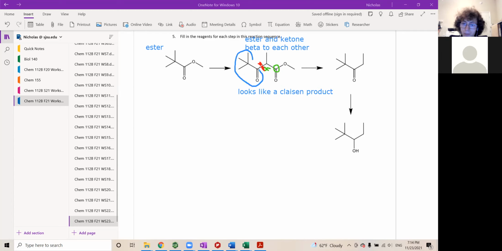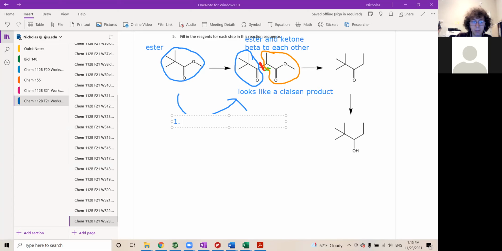And then we'll see what two things we combined to make this final product. So on the left, we have this circled in blue, which looks similar to this. This is an ester, that's a ketone, but this is what happens to the ester. It becomes a ketone, so that's accounted for. And then on the right, we have this circled in orange. So that is what we reacted with the ester I circled in blue to make this product. I'm gonna draw the arrow down here just to give a bit more room.